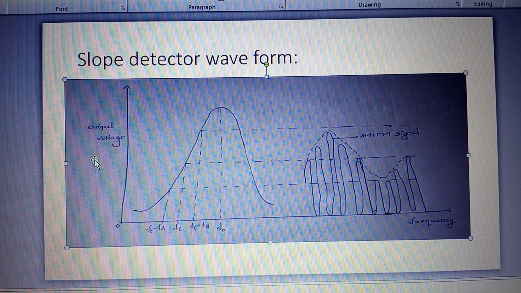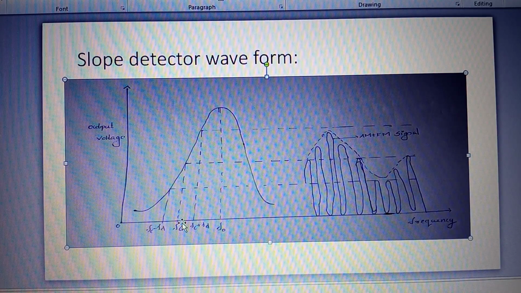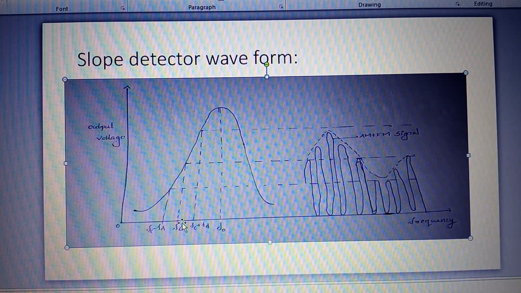In frequency modulation, the frequency of the carrier signal varies with respect to the instantaneous amplitude of the modulating signal. So in an FM modulated wave, we can find that there is frequency variation or frequency deviation. That frequency variation is mentioned here as Fc plus Fd.